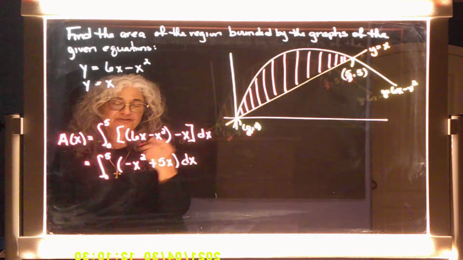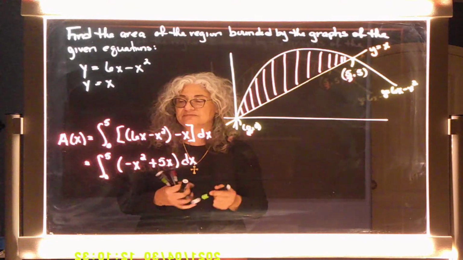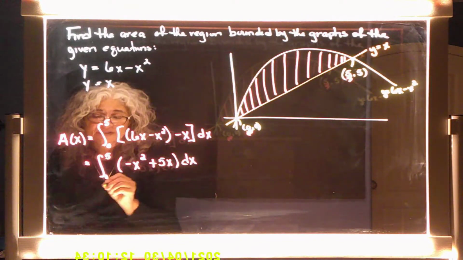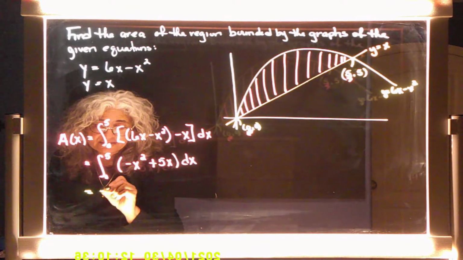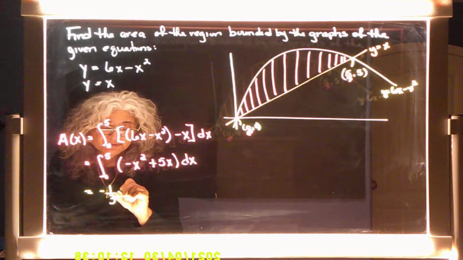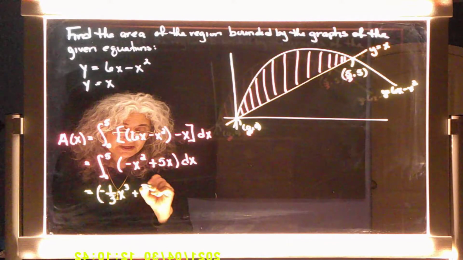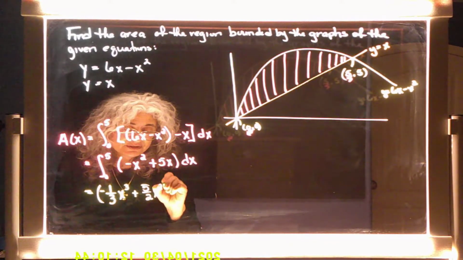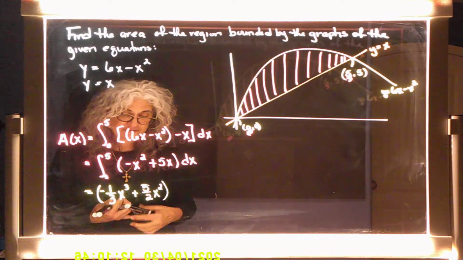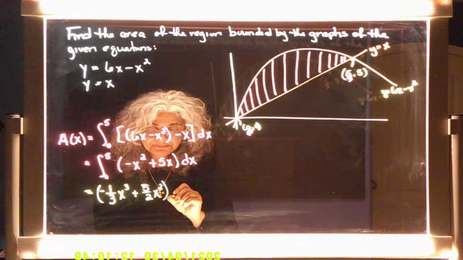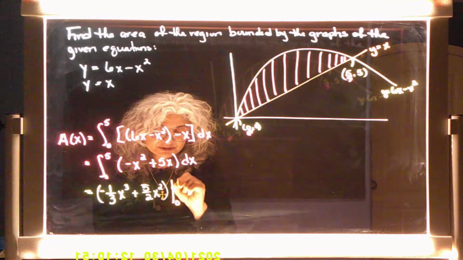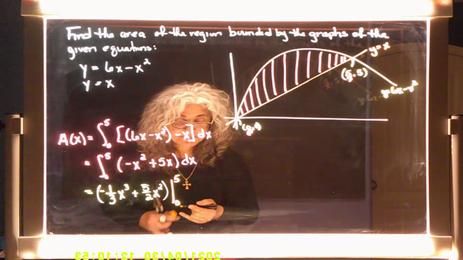Okay, now let's take the antiderivative. So, you guys are really good with your antiderivatives at this point. Let's just walk through it. So negative 1/3 x cubed plus 5 over 2x squared, and that is going to be evaluated at 0 to 5, right?